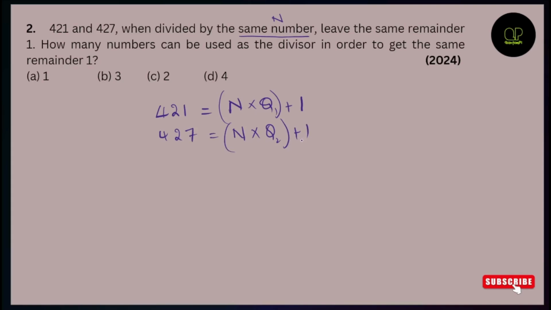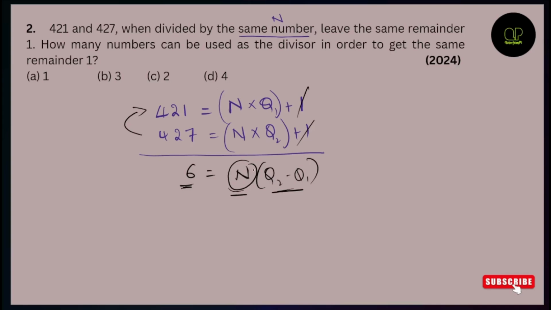Now if I subtract this minus this, you get 6 is equal to n into (q2 minus q1), right? The remainders are gone. So 6 can be written as a product of two numbers, right?